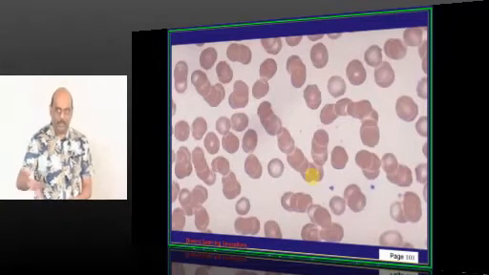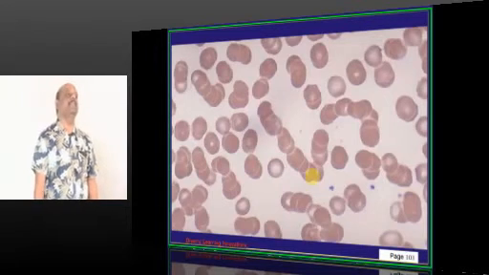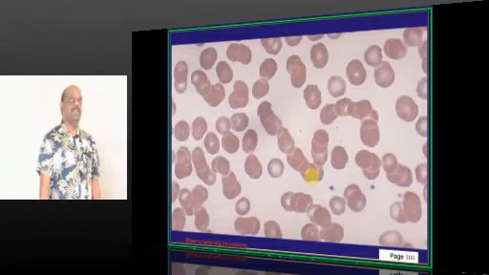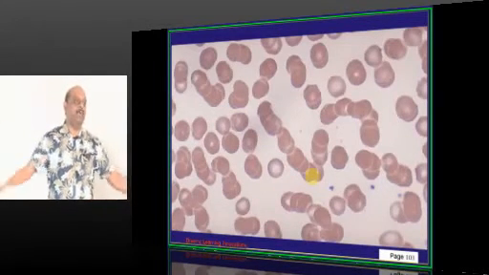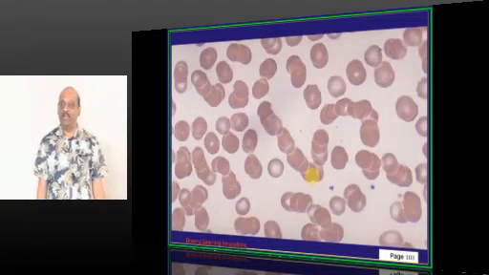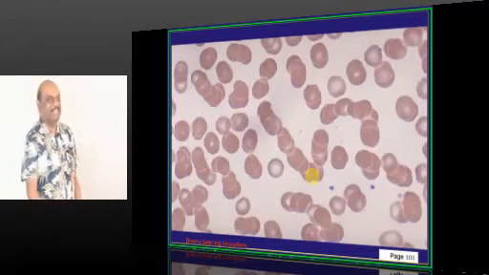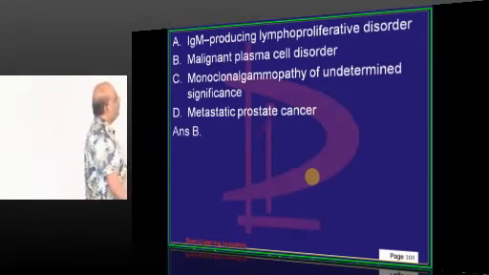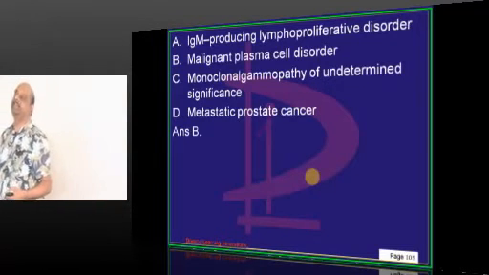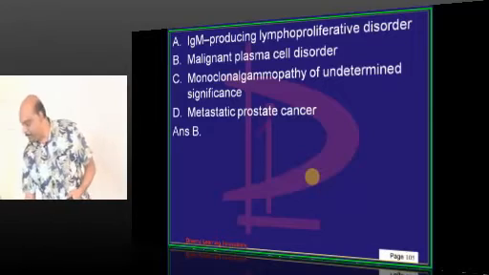You must be in a position to do intubation and save the patient. If you say call for help, and if you call 108, nobody will come. So that's very important. So, malignant plasma cell disorder, multiple myeloma.